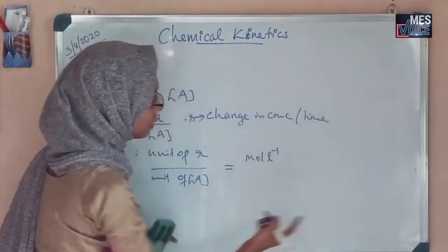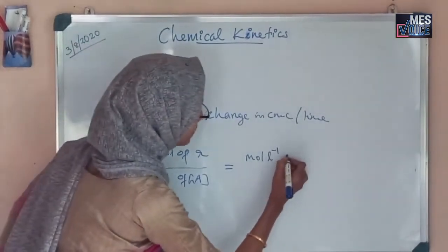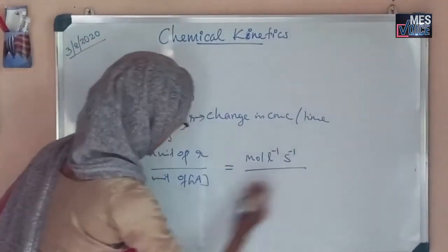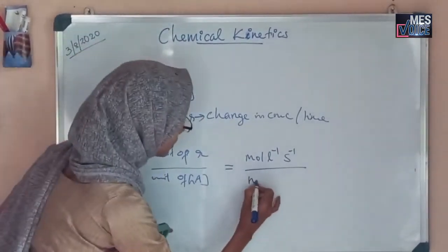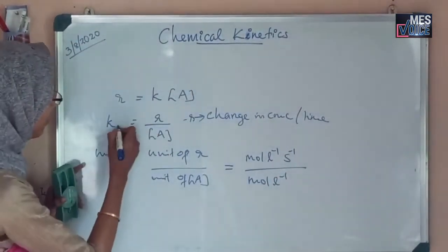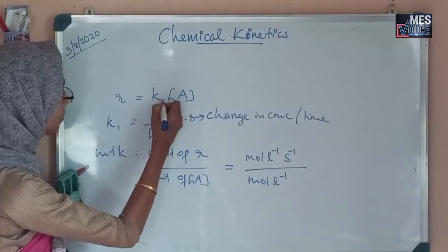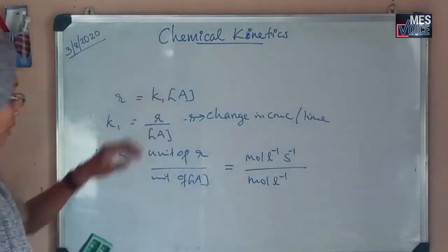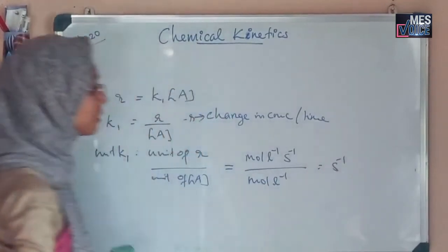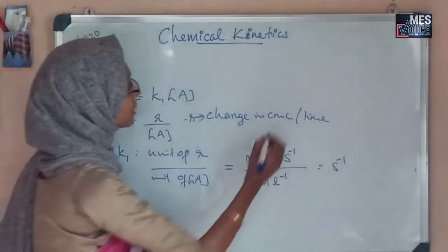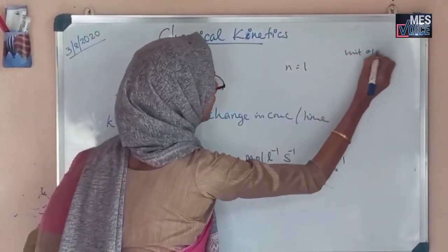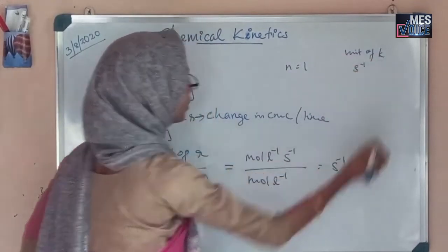The unit of time is second, so divided by second means second inverse, divided by the unit of concentration, moles per liter. So the rate constant for a first order reaction is represented as k1. The unit of k1 is equal to second inverse. That is, for a first order reaction, n is equal to 1, the unit of k is second inverse.